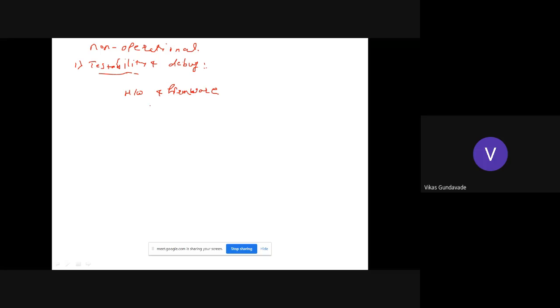So while designing the embedded system, we need to consider how easily we can test and debug the system, so that if any errors occur in that system, they can be easily identified and remodified or restructured. Okay, the second non-operational characteristic is the evaluability of the system.